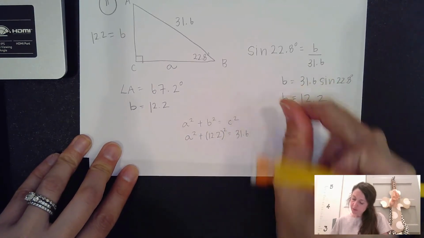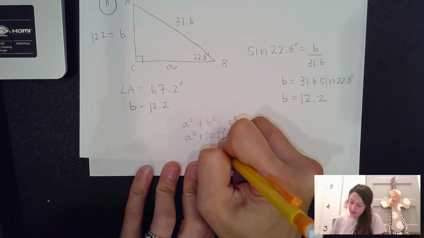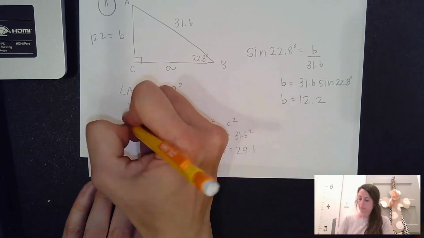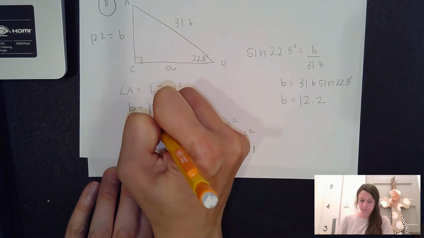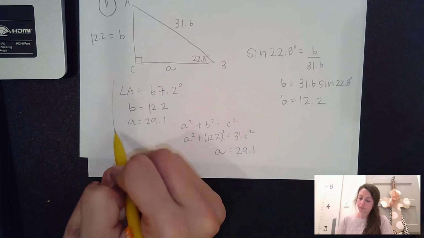So 31.6 squared minus 12.2 squared, and then take the square root of that value. So a is going to be equal to 29.1. Good deal.